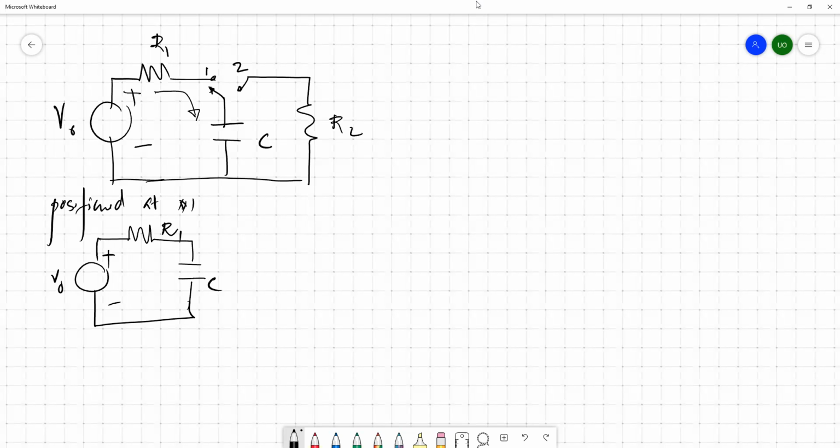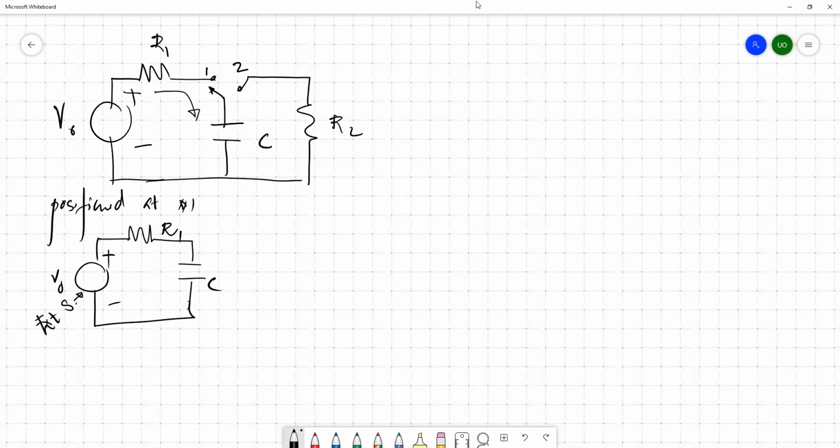We have an RC circuit, and this capacitor is initially at 0 voltage, just assume it. Then this source charges this capacitor. Due to this circuit arrangement, the capacitor is charged to a certain voltage by this external source. This is your external source.